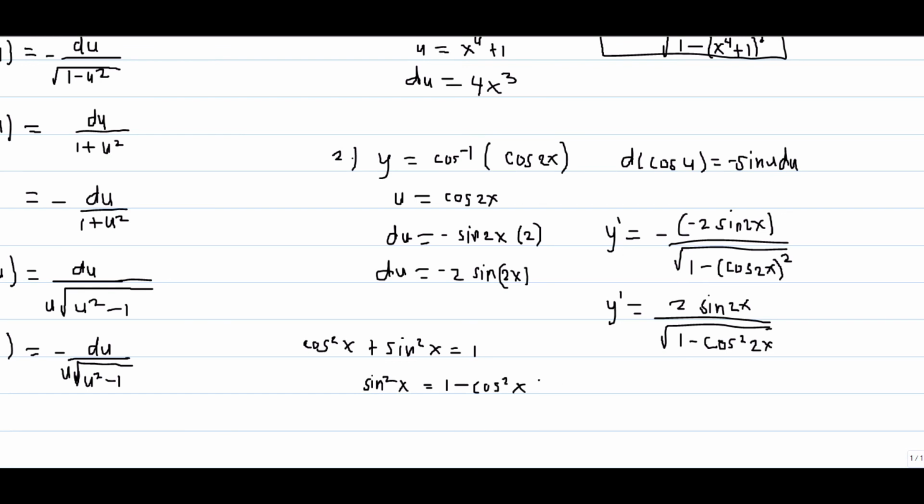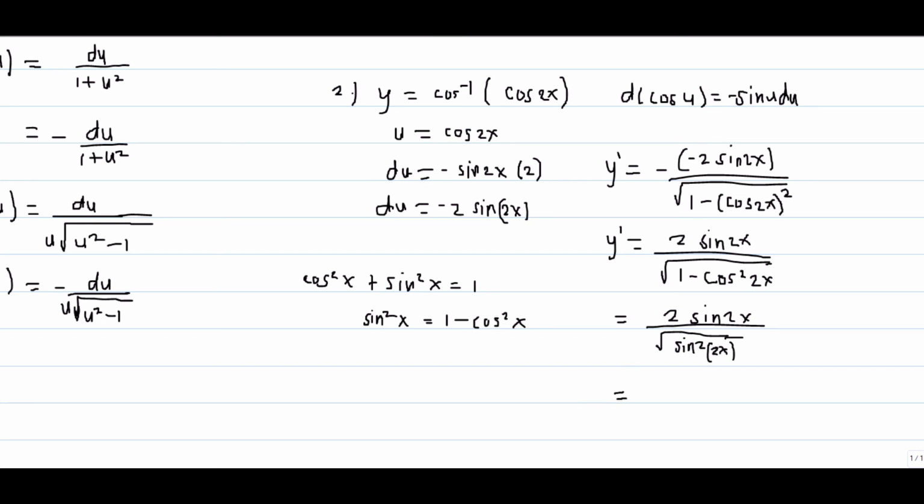We can now substitute the value of sine squared, which is 1 minus cosine squared 2x. So we have 2 sine 2x over the square root of sine squared 2x. Next we simplify.